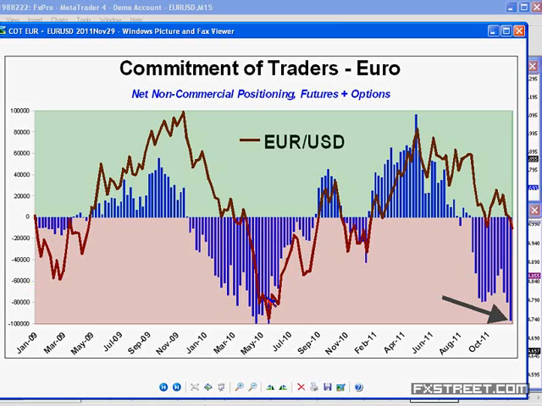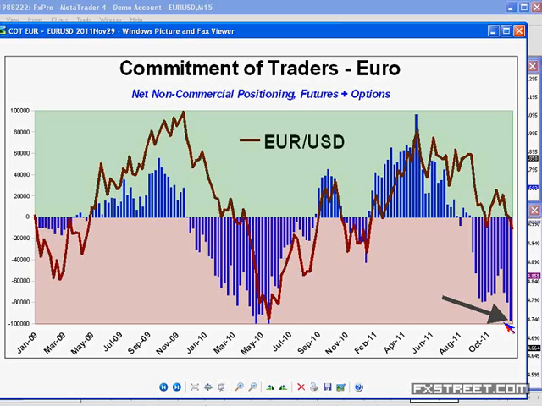The blue bars represent relative positioning in the futures and options market by so-called non-commercial accounts, which is a good proxy for large speculators, specifically hedge funds. Here's what it means. You can look at the Commitment of Traders report published by the CFTC each Friday. What's published each Friday pertains to market positioning on Tuesday of that week. So here's what we know.